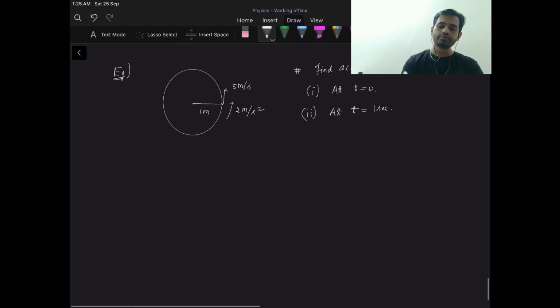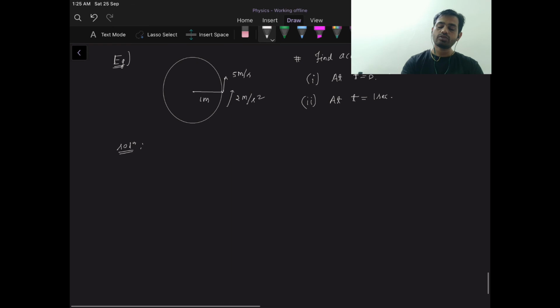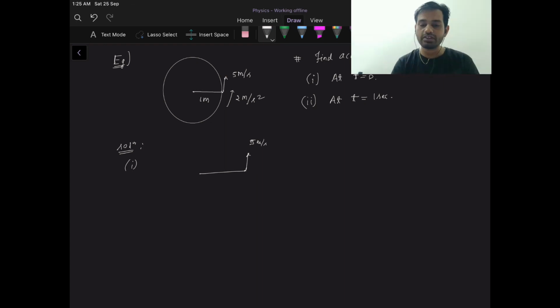Let us see how to solve this question. At t equal to 0, the velocity of the particle is 5 meter per second. This is the first case. What will be the value of radial acceleration or tangential acceleration? The radial acceleration will be equal to v square by r.